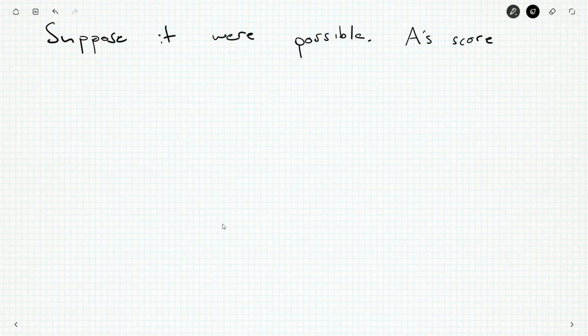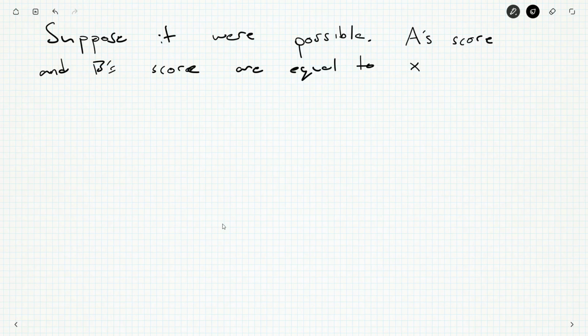So Amelie's score and Bob's score are equal to some value. We could call it x, but if you're uncomfortable because we already used x in part B, maybe call it C, call it S for score, call it N for number. Doesn't really matter.